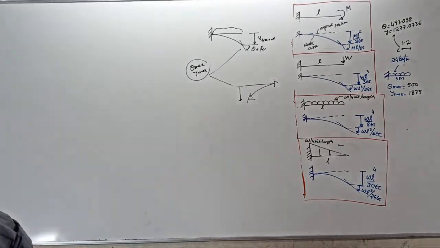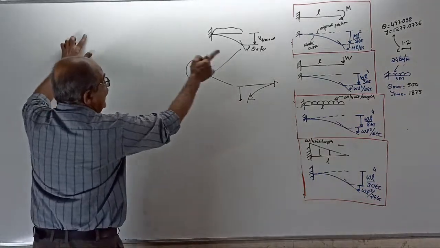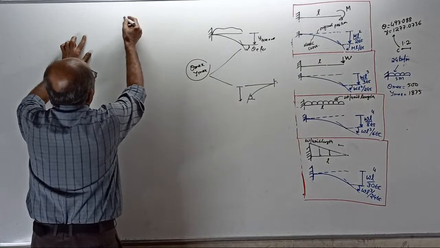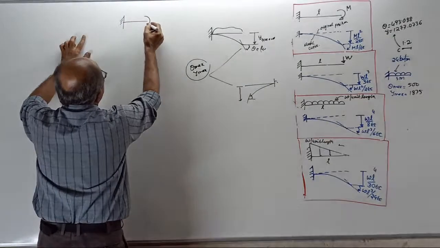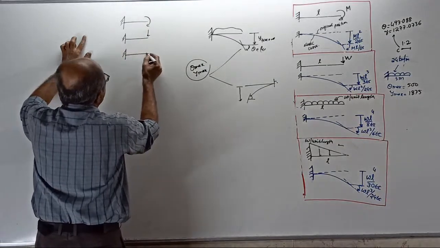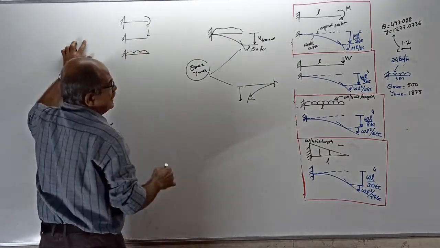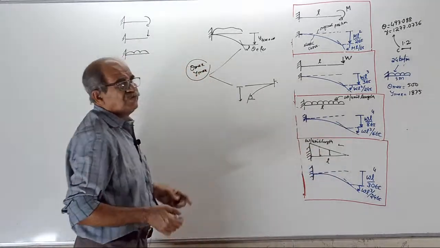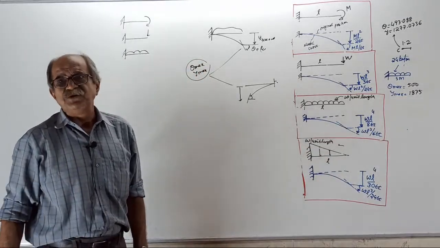Now what we will do is the same case: either a cantilever beam subjected to a couple, or a point load, or a UDL, sufficient. The others are not required, because I should keep in mind the objective questions also.